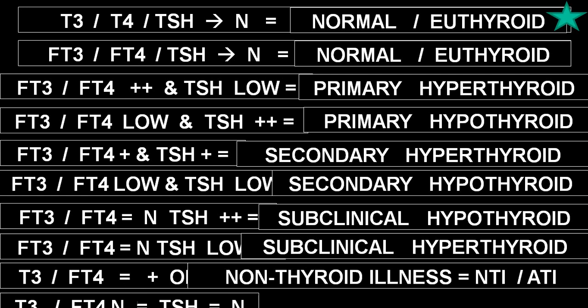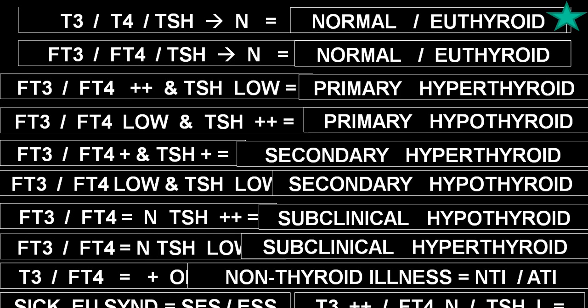Acute thyroid illness we call, ideally we should call it a non-thyroid illness. T3 is low, free T4 is normal and TSH is normal, sick euthyroid syndrome.